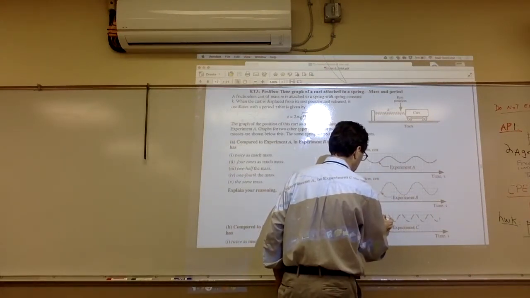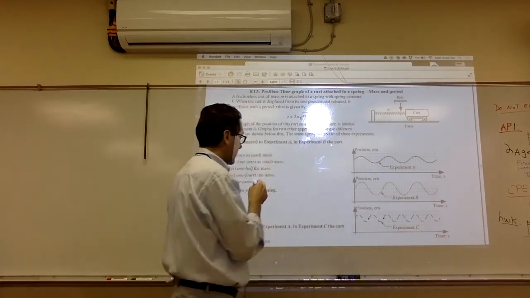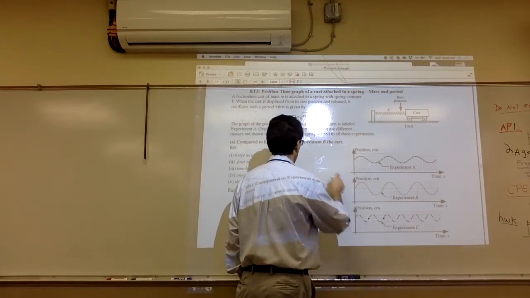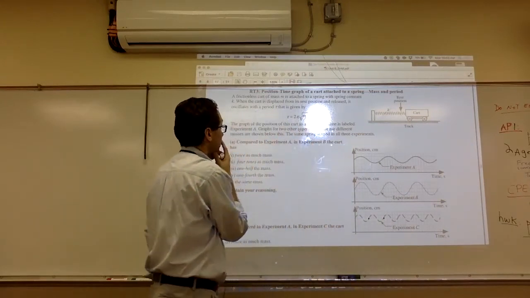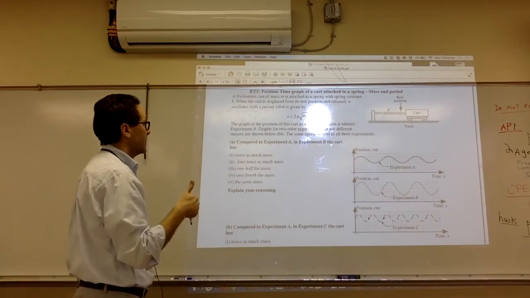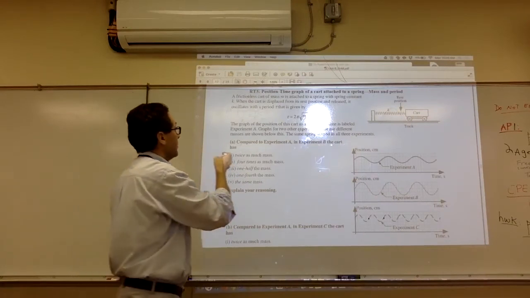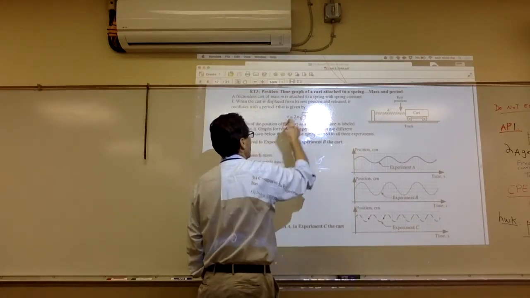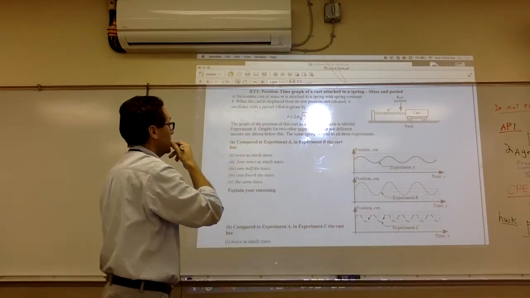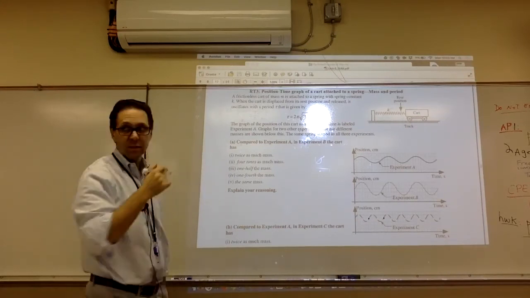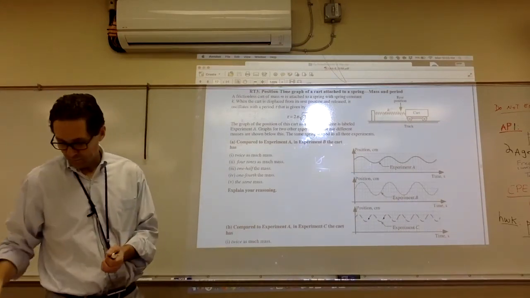Period of the other one is here. Okay, so it looks like the period here is just half as much as it was up here. So in order for the period to be half as much and the spring constant is the same, if you want to get half of that out here, you have to make the mass 1/4 as much. Because when you take the square root, you have to come out with a half. So the mass has to be 1/4 as much.